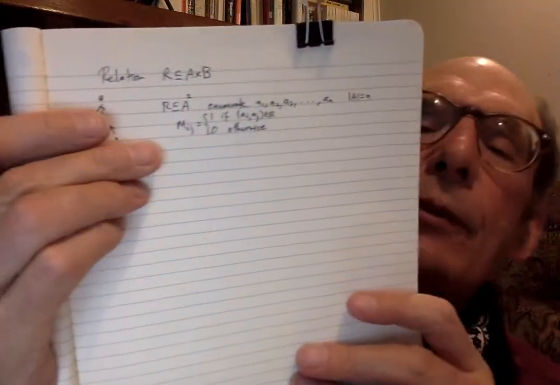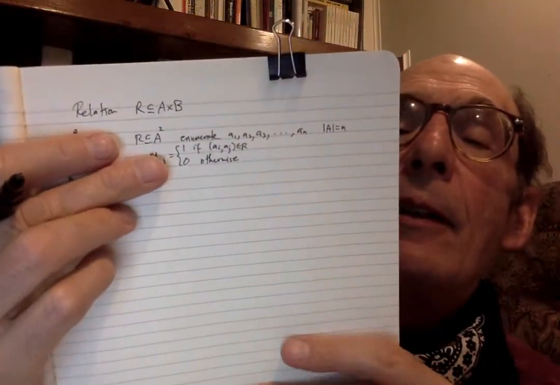And so the cardinality of this set A is n, using the notation that I just used here. And you define a matrix by the ij entry is 1 if A sub i, A sub j is in the relation, and 0 otherwise. So there's the strict definition.